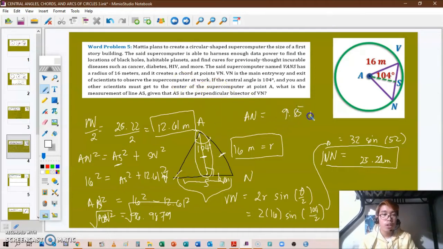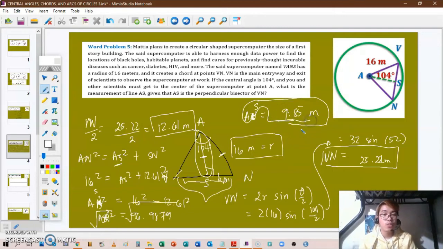So there you go. The value of AS, the line segment AS here, is equal to 9.85 meters.